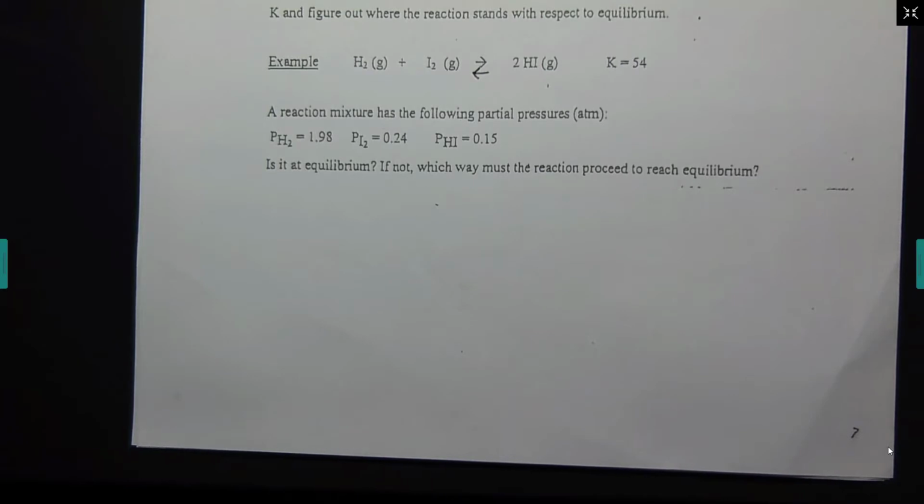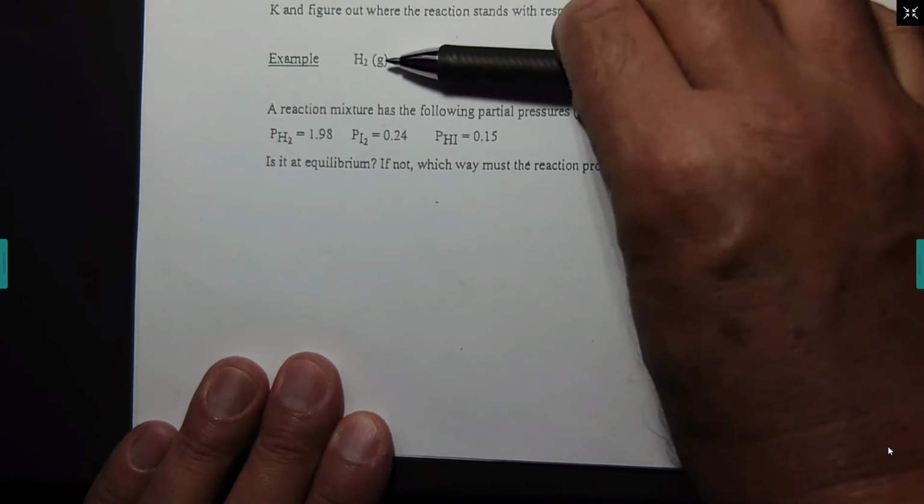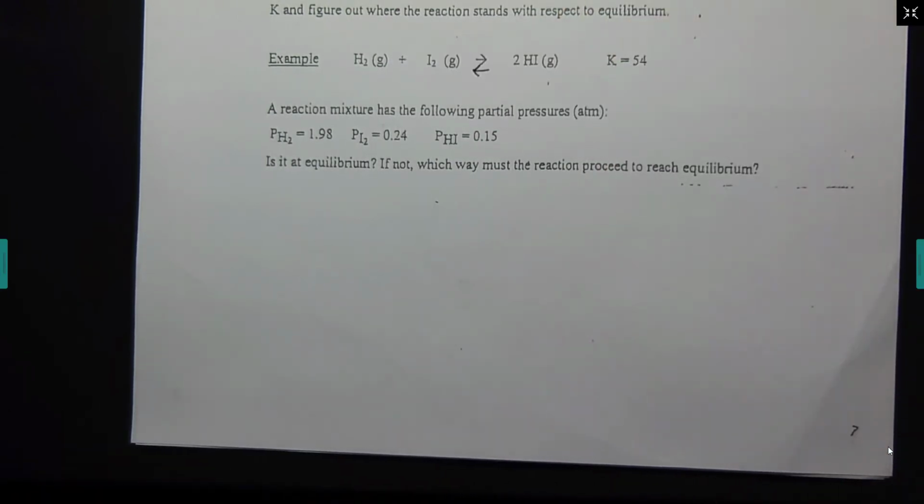So, is the reaction at equilibrium? Yes or no? If it's not at equilibrium, to get to equilibrium, will the forward reaction proceed or will the reverse reaction take over? So, how do you go about doing this?